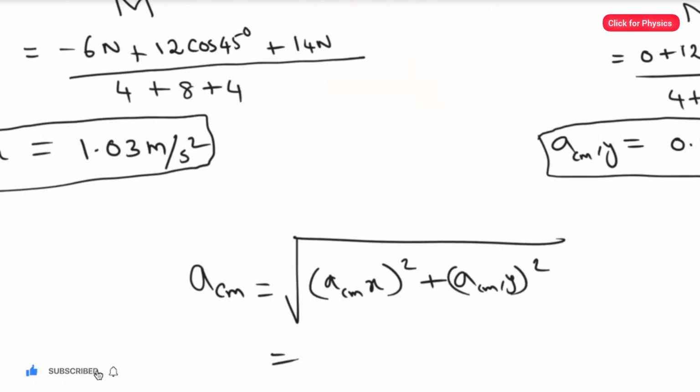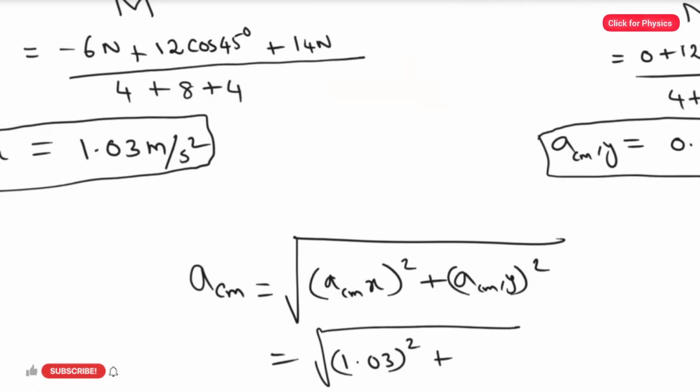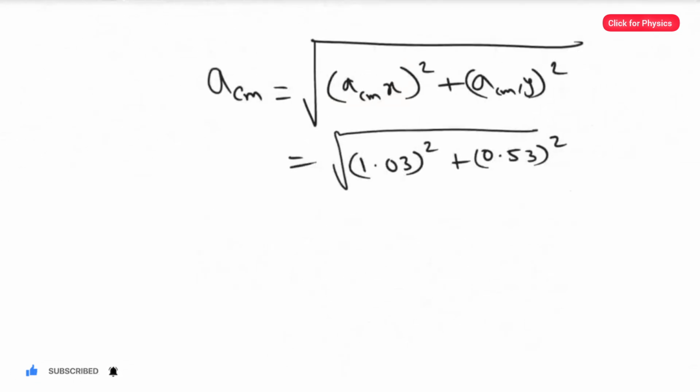So what is our x component of acceleration center of mass, which is 1.03 square plus our y component acceleration center of mass, which is 0.53 square.